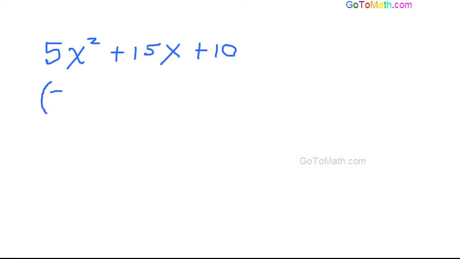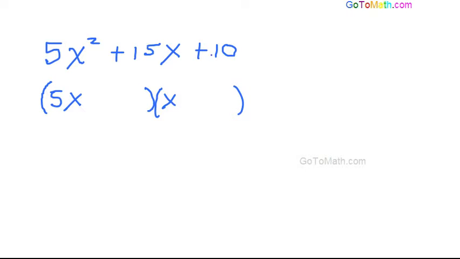So we have 5x squared plus 15x and then plus 10. Okay, so we're going to start with a 5x here, because we know that 5x times x is going to be 5x squared.